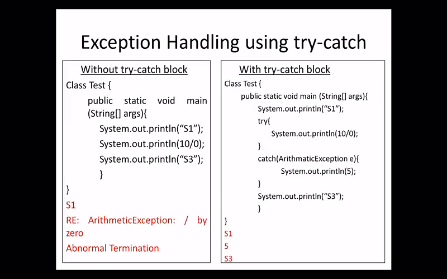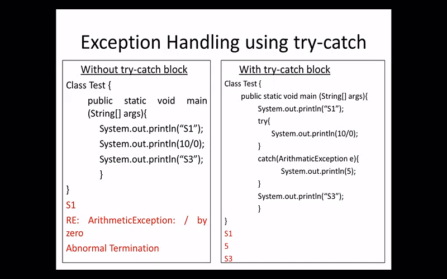So here is the example without try catch block and with try catch block. Class test, public static void main, string array, System.out.println statement 1. After statement 1 we have 10 divided by 0, and then System.out.println statement 3. First of all statement 1 is going to be executed. Then we are going to get an arithmetic exception.